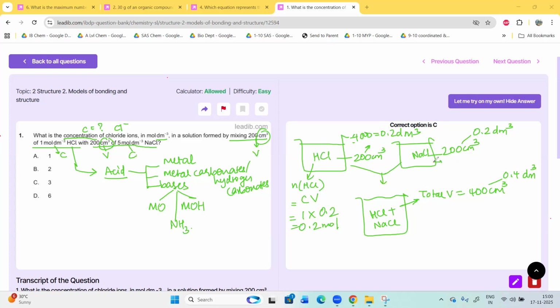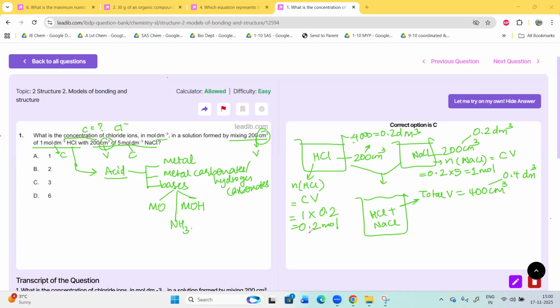Then find the moles of NaCl, which is C times V again. So this is 0.2 times 5, which is going to be 1 mole. But that is the moles of the HCl and the moles of NaCl. The question is not about HCl and NaCl, it's about chloride, Cl minus. So now we have to zoom in. One HCl has how many Cl minus?